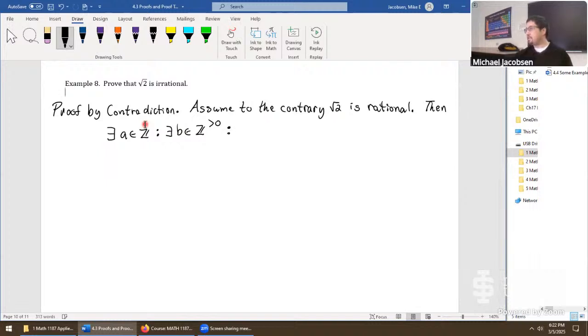And then the last statement, root 2 is rational, just means square root of 2 equals A divided by B. So again, that definition of being rational gave us something to work with algebraically. And that's what we're going to do next. Do something to this, because there's a contradiction living inside of that. We just have to find it. Any questions at all, folks, on just the getting started steps?